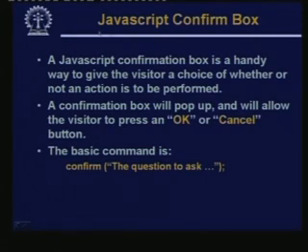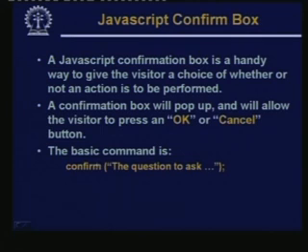The system or the application is asking the user whether the specified operation or action is to be taken or is to be cancelled. Confirmation box can be used for this purpose. So, when you use the JavaScript confirmation box, a box will pop up and the box will be having two buttons called OK and cancel, and the visitor is now allowed to press either on OK or on cancel.